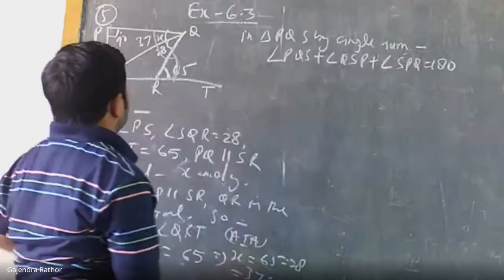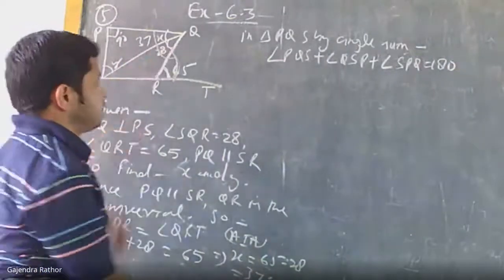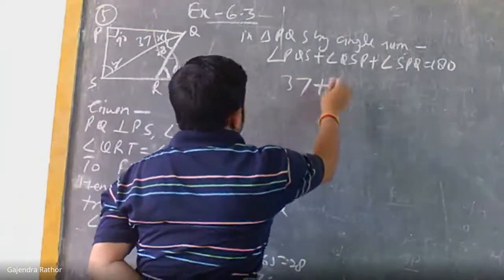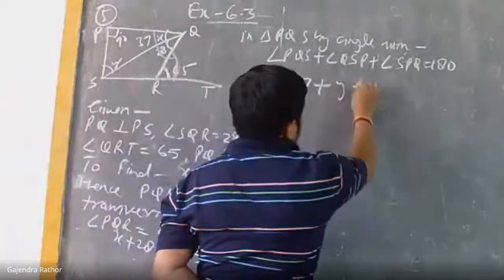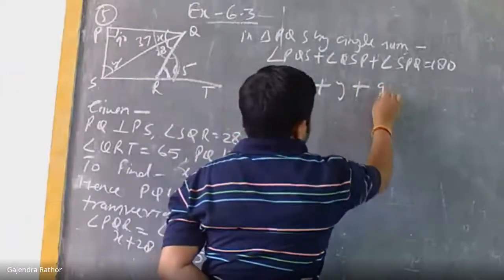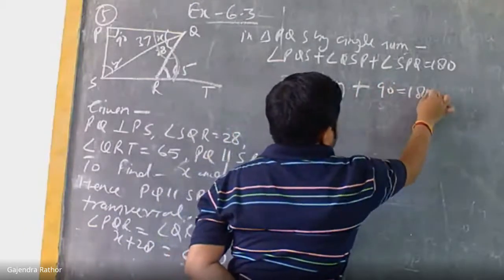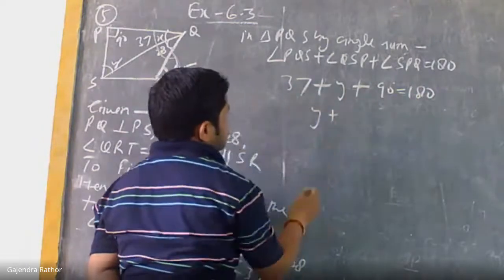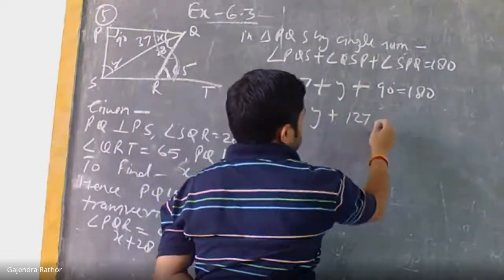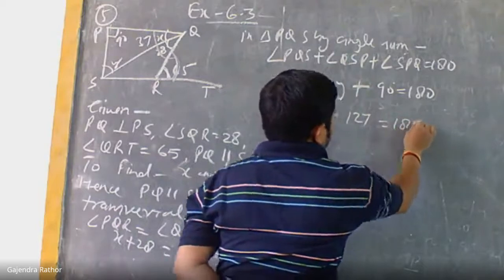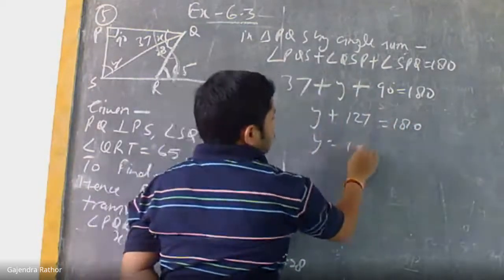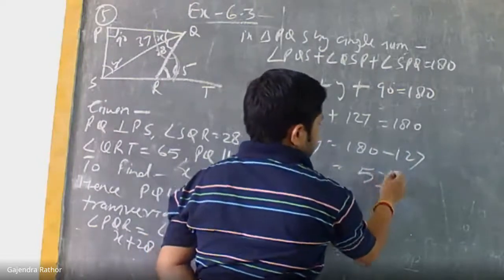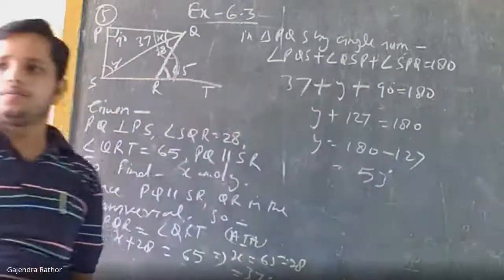What is the value of PQS? This is 37. QSP is y, and SPQ is 90 degrees, equal to 180. These two values, so y plus 127 is equal to 180. So y is equal to 180 minus 127. Answer is 53 degrees.